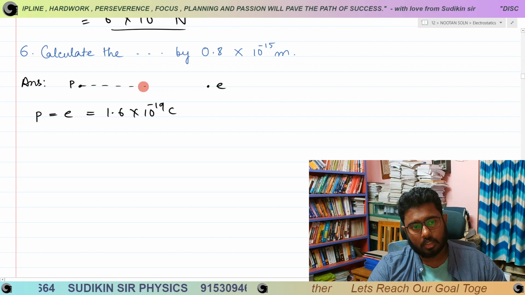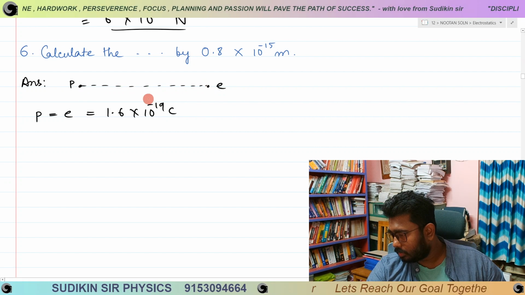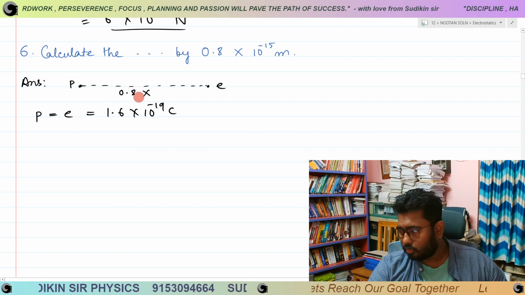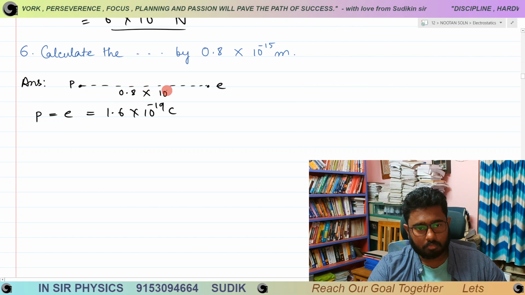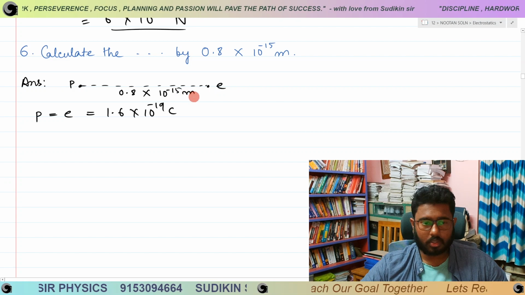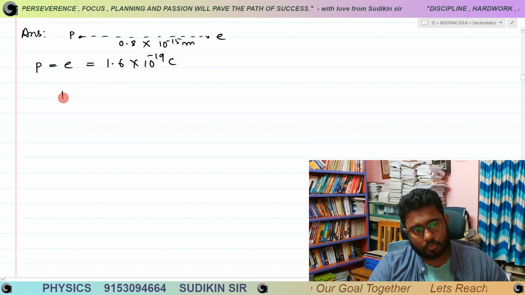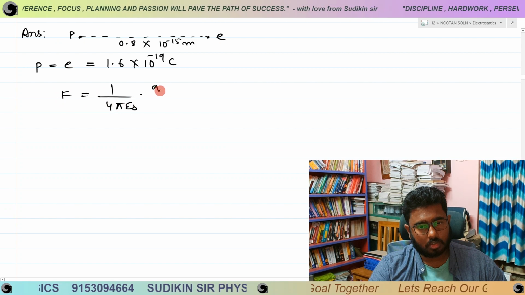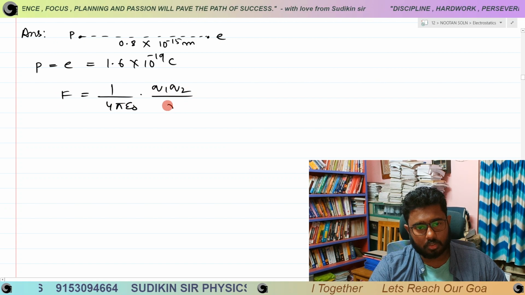They are separated by a distance of 0.8 into 10 to the power minus 15 meter. So what is the force acting between them? We know that it is 1 by 4 pi epsilon naught q1 q2 divided by r square.